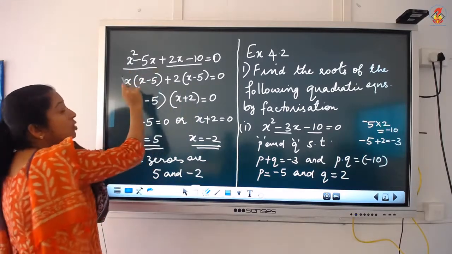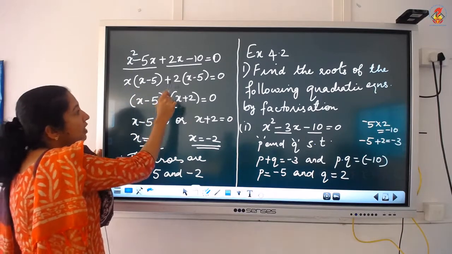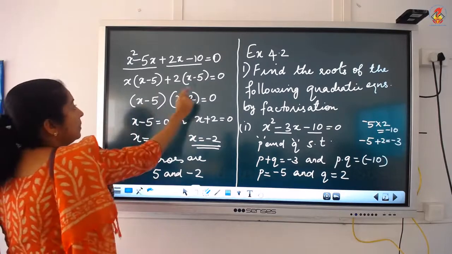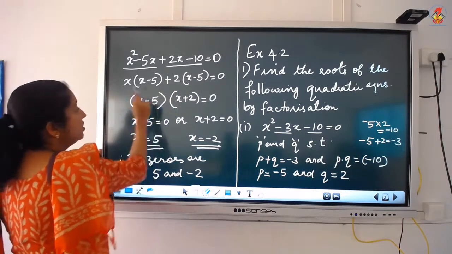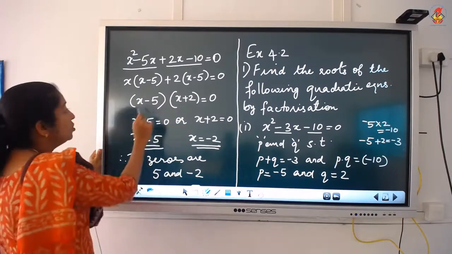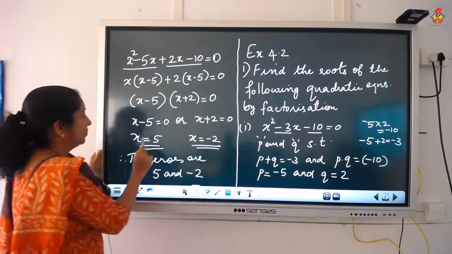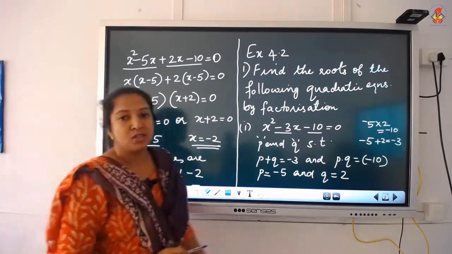We are taking out the common factor x from these, so x into x minus 5 plus 2 into x minus 5 equal to 0. x minus 5 is common in these two, so x minus 5 we are taking out, remaining x plus 2. So either x minus 5 equal to 0 or x plus 2 equal to 0. So x is equal to 5 and x is equal to minus 2.